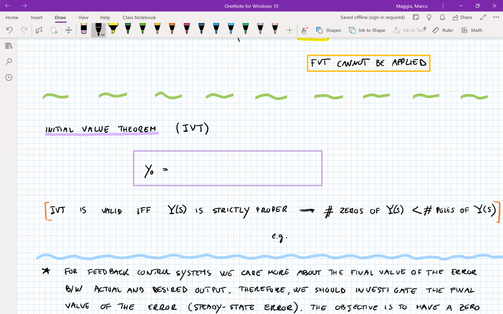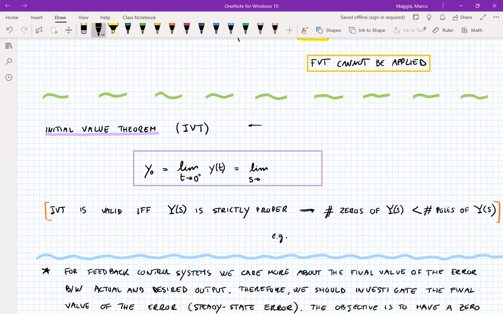This is given by, it's very similar, but now the limit is taken for time that goes to 0+, which means that we're approaching it from positive numbers in terms of t, of y(t). That is equal to the limit.